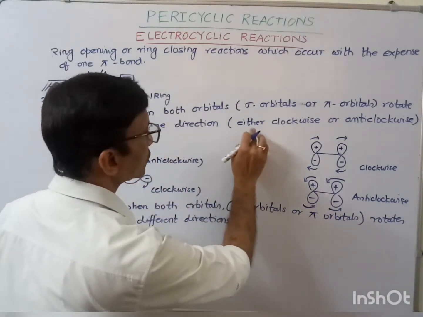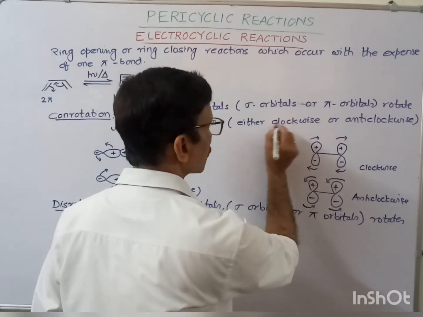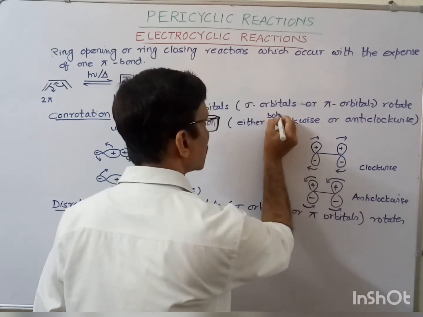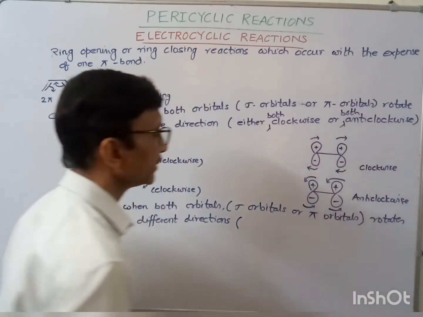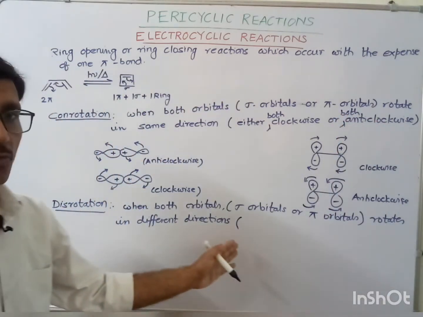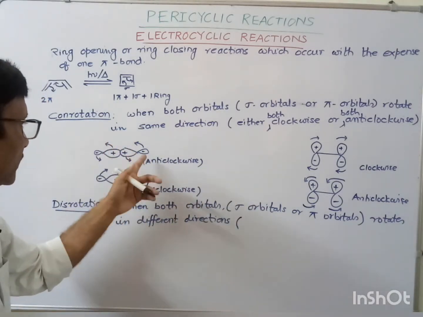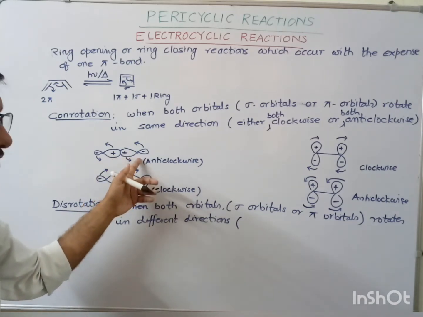So in conrotation, either both move clockwise or both move anti-clockwise. We may write here for disrotation: if one moves in a clockwise direction, then the other will move in an anti-clockwise direction.